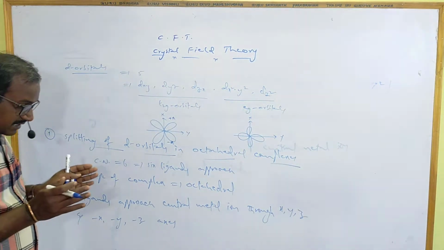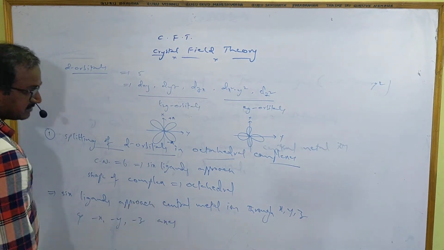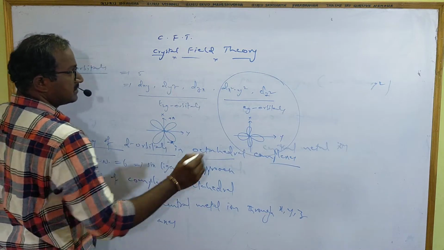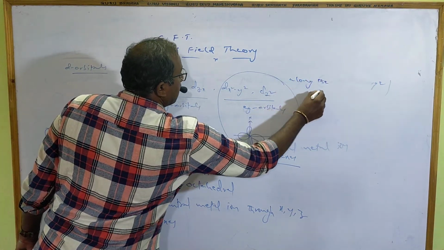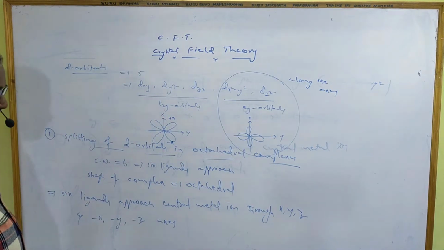So when these ligands approach the central metal ion along these axes, these orbitals are present along the axis. That's why we call them eg orbitals.